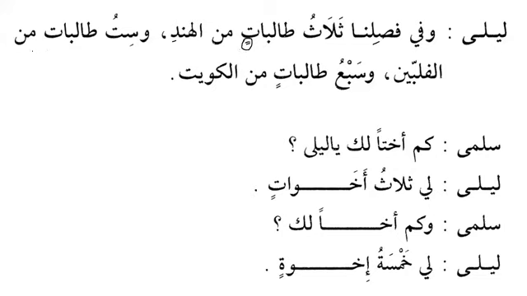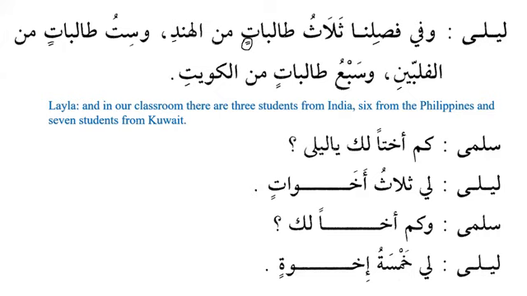Wasittu talibatin min al-Filippini, and 6 students from the Philippines. Wasab'u talibatin min al-Kuwaiti, and 7 students from Kuwait. So Layla is telling about the number of students in her classroom: 3 students from India, 6 from the Philippines, and 7 students from Kuwait.